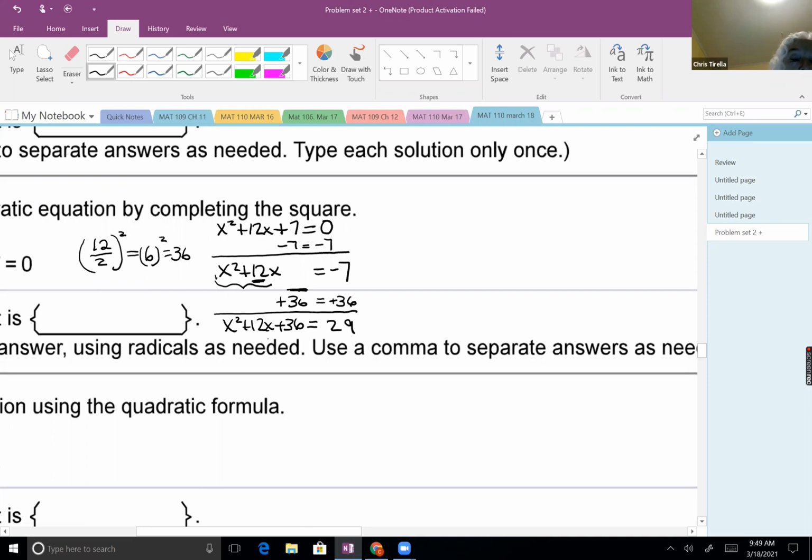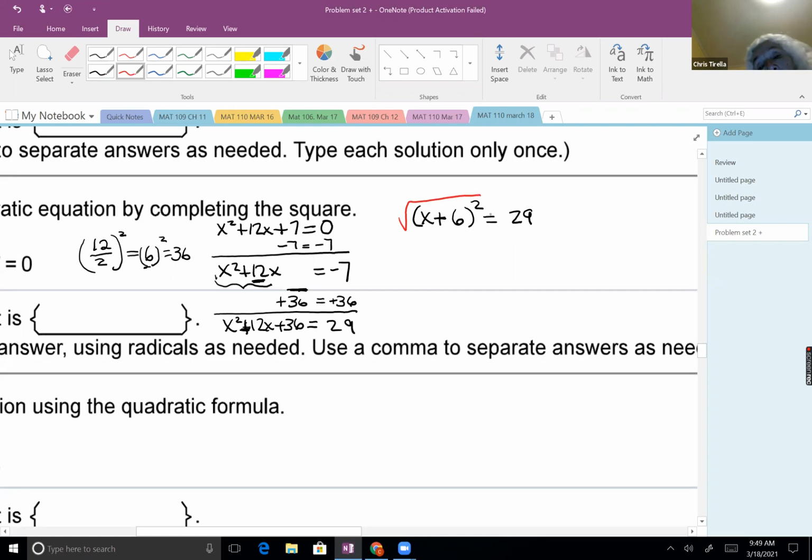Now, that is a perfect square trinomial. It becomes x. Since this is a plus sign, it'll be plus, and the number that I squared to get that was 6. So that's x plus 6 squared equals 29. Now we've got a quantity squared equaling a constant, so we can use that square root property.